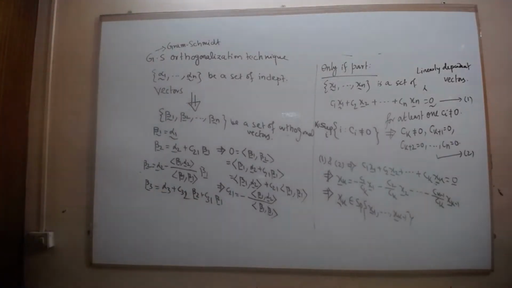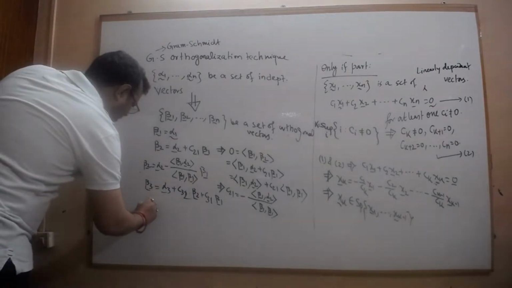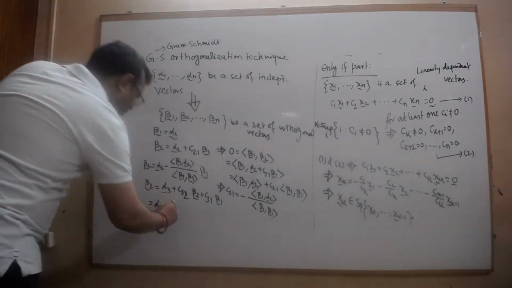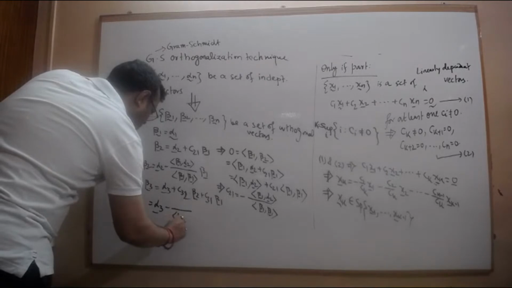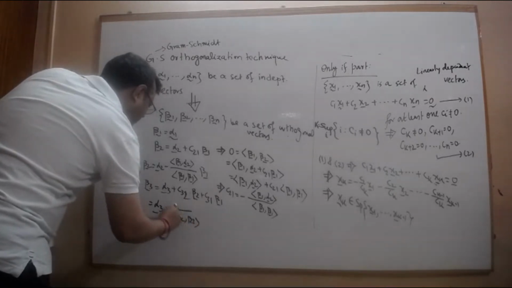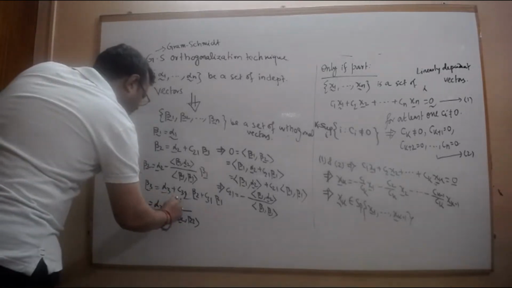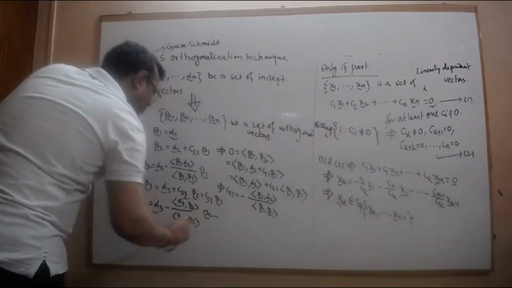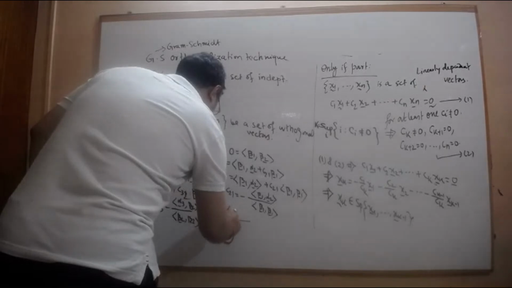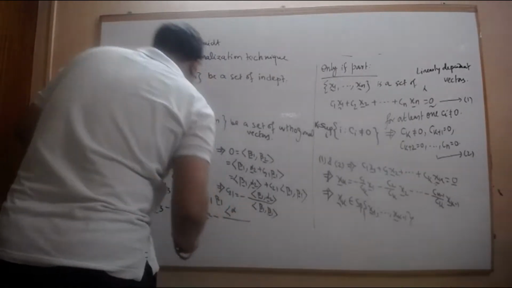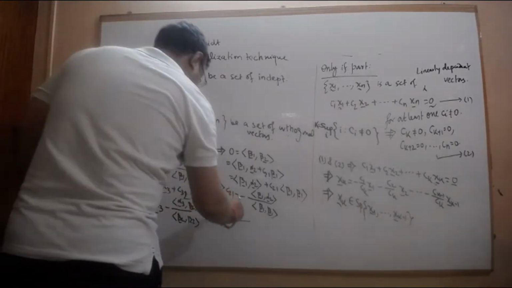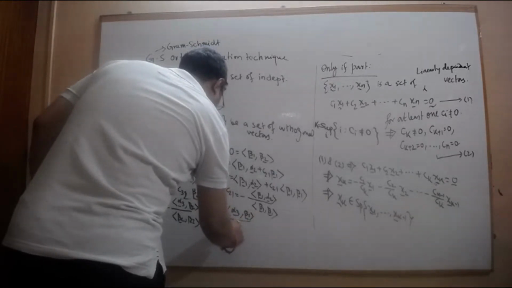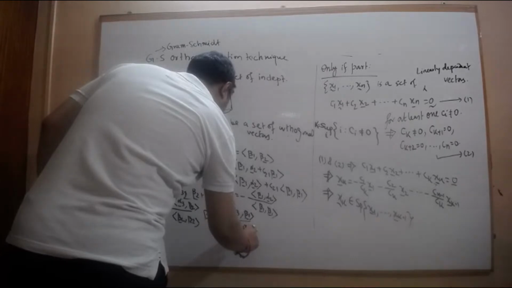Using the same technique, we get this as alpha 3 minus the inner product of beta 2 and alpha 3 by the inner product of beta 2 with itself into beta 2, minus the inner product of beta 1 and alpha 3 by the inner product of beta 1 with itself into beta 1.